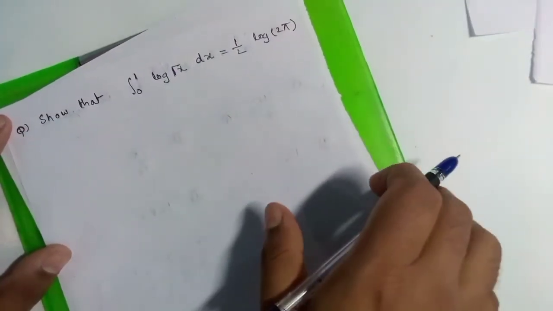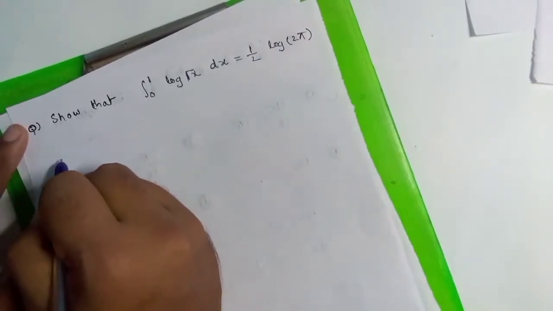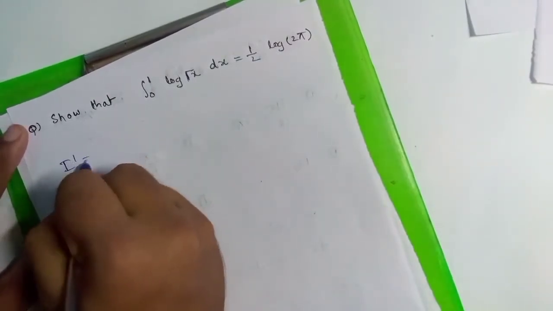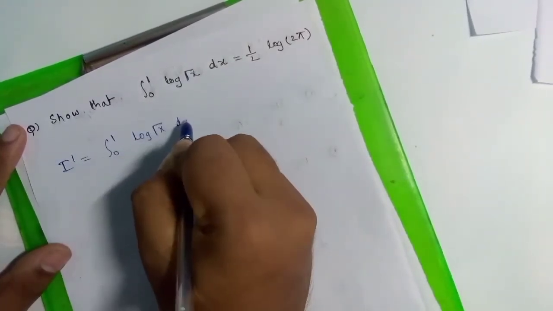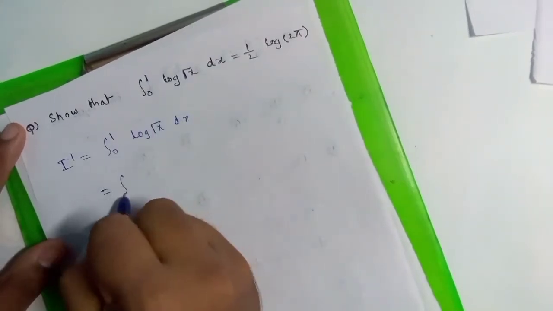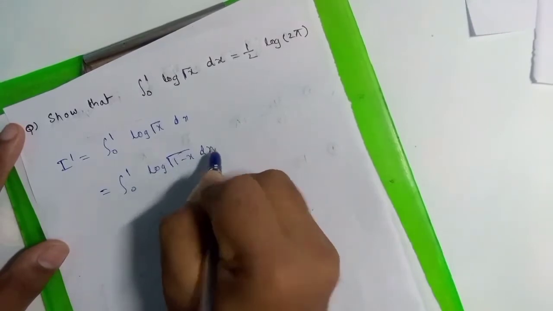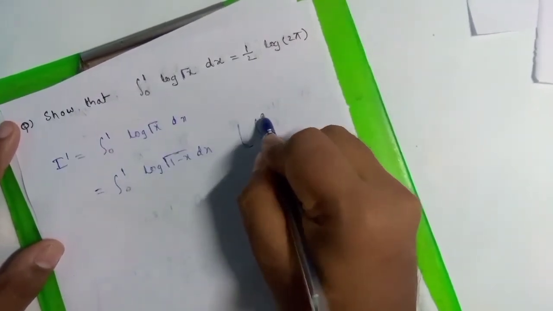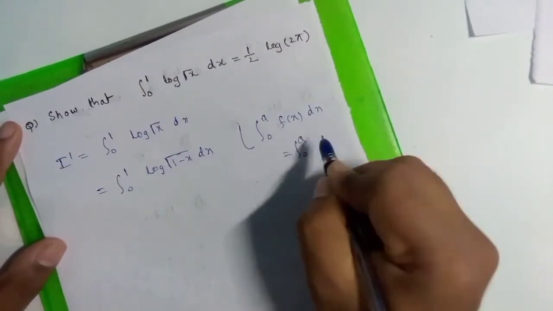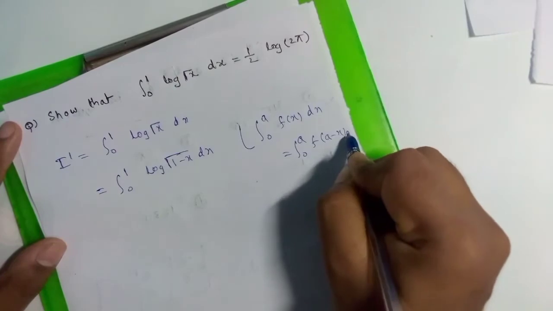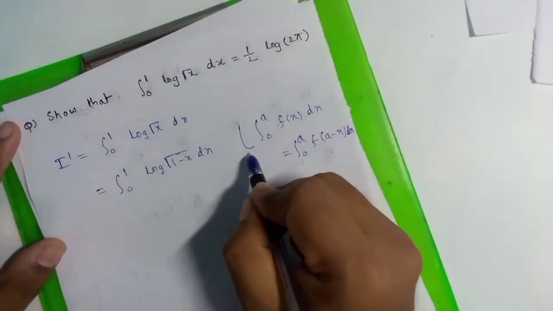So now let us consider I dash equals integral 0 to 1 log gamma x dx. We use the property that integration 0 to a of f of x dx equals integration 0 to a of f of a minus x dx. We read this property in earlier class 12, so we use this property.